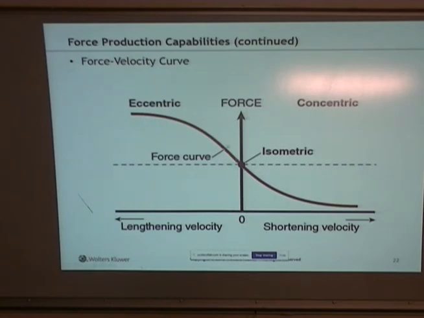The curve to the left represents eccentric action, and eccentric action always produces more force than isometric or concentric action. We tend to think that it's the push that makes us stronger when we're lifting, but actually it's the down phase that makes us the most strong when we're training.